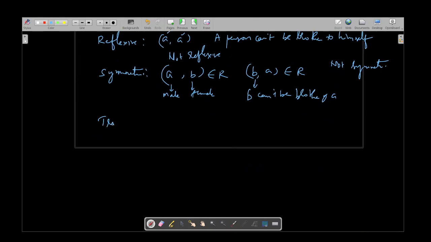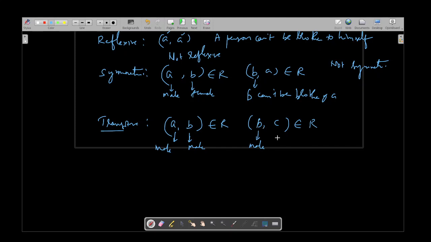Let's say we have A is brother of B. If (B, C) has to exist, then B is brother of C, so B should be a male. If B is male, then A also should be male because A is brother of B. C can be either female or male; this doesn't matter.